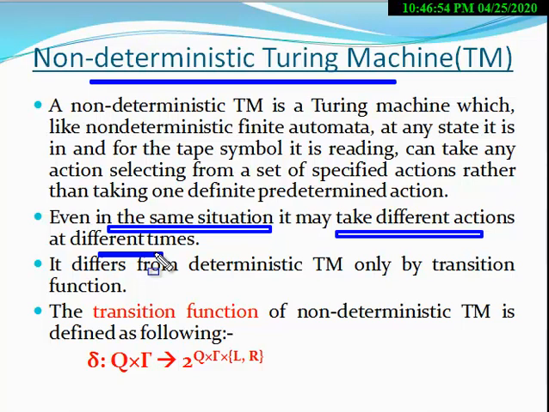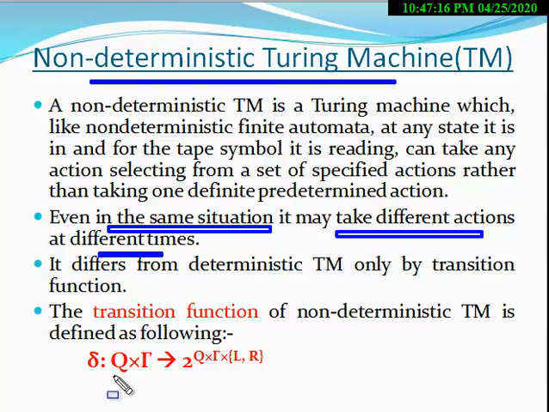The transition function of deterministic Turing machine and non-deterministic Turing machine differ. Right? So the transition function corresponding to a non-deterministic Turing machine will be like the following.